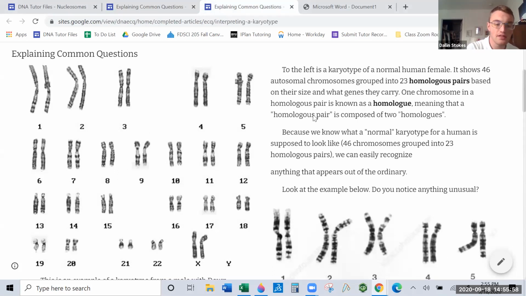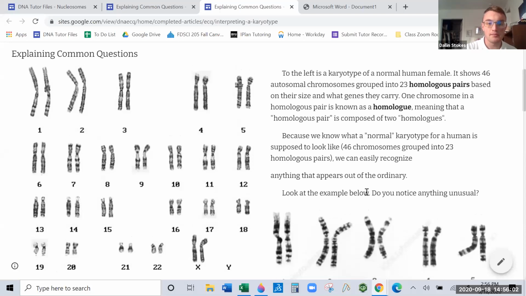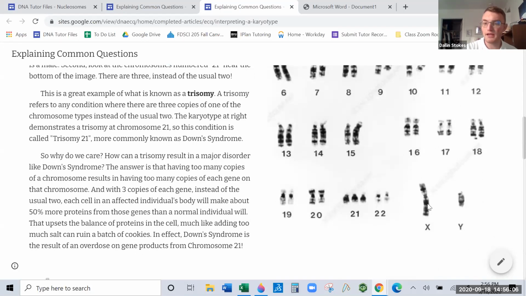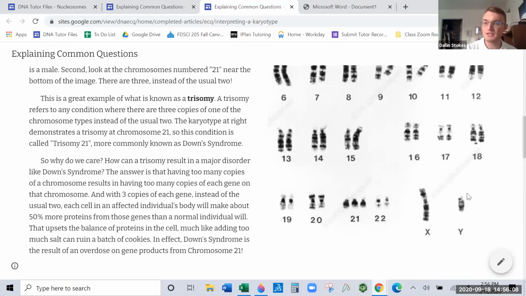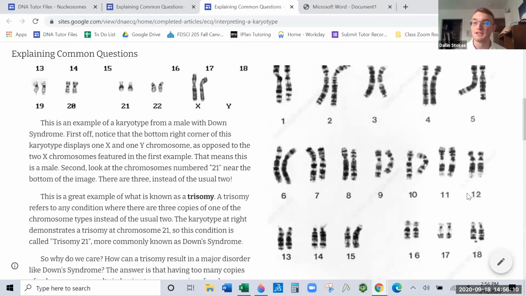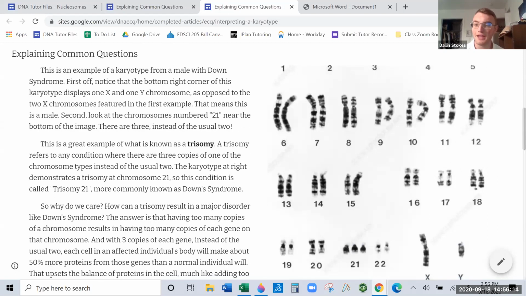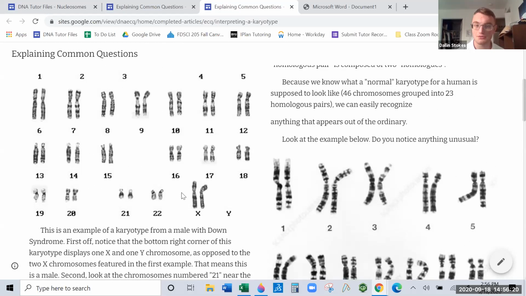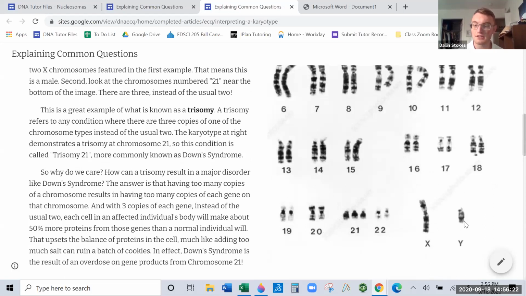If we do this one, notice this one's a female, but down here in the bottom corner, this one's a male. We've got 1 X and 1 Y. So that's one thing that you can tell from a karyotype, sorry, is the gender of the individual. If they've got 2 X chromosomes, they're a female. If they've got an X and a Y, they're a male.